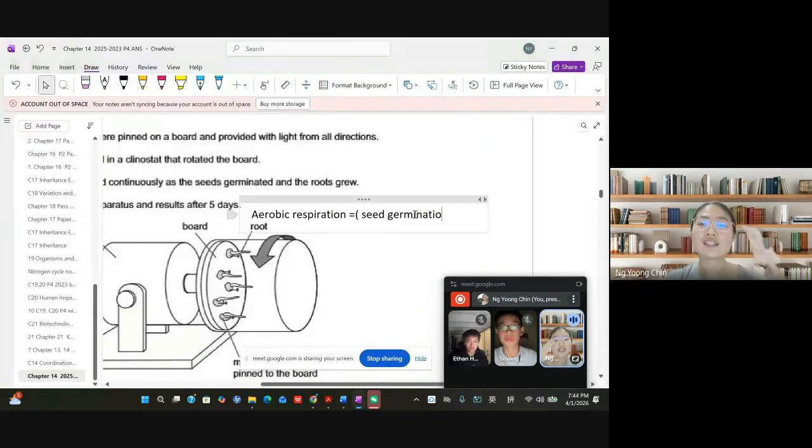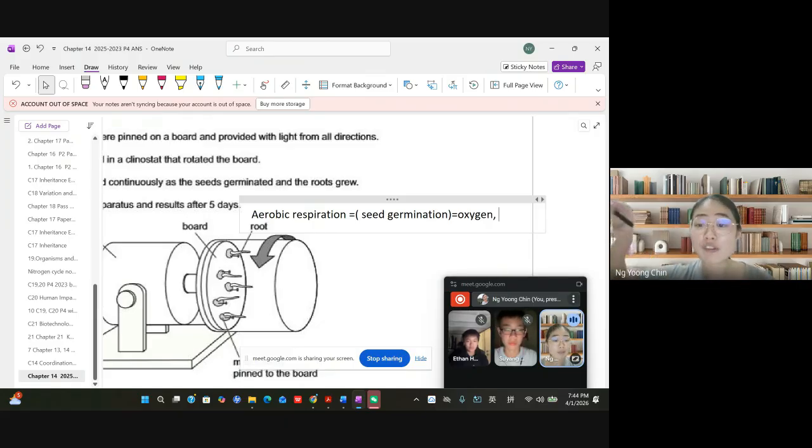I just wrote it here. Remember, seed germination requires 3 conditions. First, they need an oxygen supply. It's because the seed is unable to do photosynthesis. Before the seed produces its first leaf, it is unable to carry out photosynthesis. So that's why it relies on aerobic respiration to provide energy.